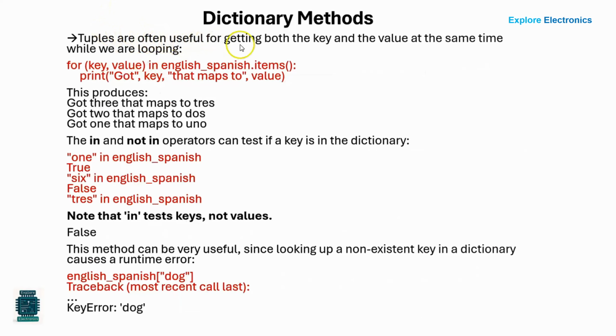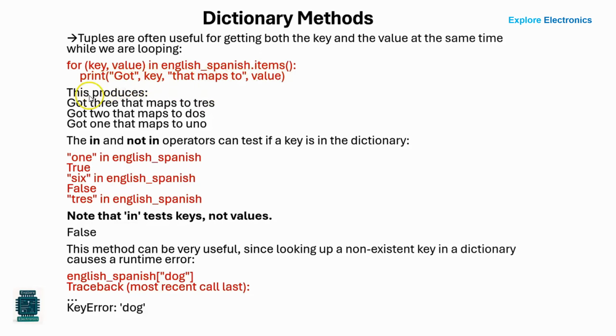Tuples are often useful for getting both the keys and values at the same time. While we are looping, we can access the keys and values at the same time. Okay. For key value in English Spanish dot items, print got key, and it will print as it is. It will loop through each key, and that maps to the value. It will loop through each key and each value at the same time.